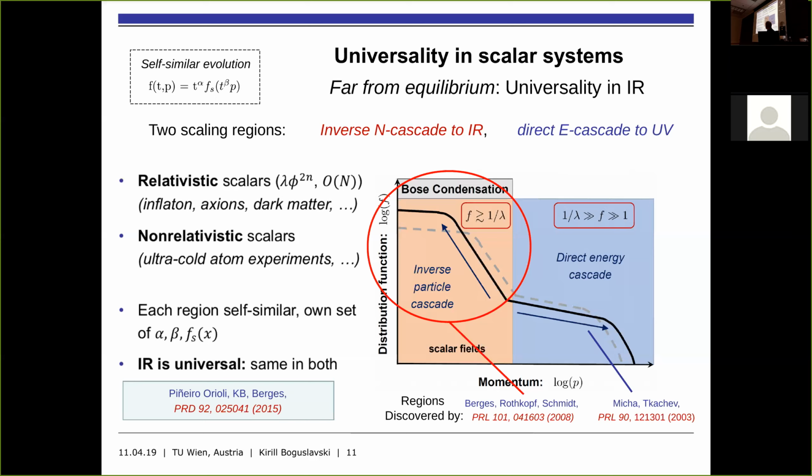And there are, of course, different scaling regimes, so different sets of alpha, beta, and s. This is different in non-relativistic theories, of course, because your energy is also different. For non-relativistic, you have p squared over 2m. For relativistic, you have basically p, or the square root of m squared plus p squared.